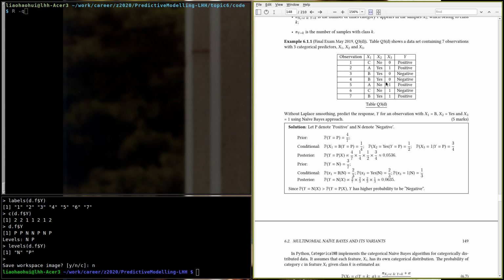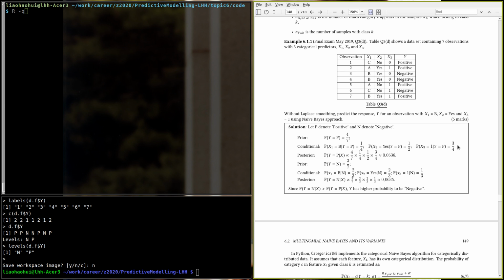This is basically just counting. For y equals p, there are 4 possibilities. Out of these 4 positives, we can count that there's only 1 b, so it's 1 over 4, and 2 yes for x2, so it's 2 over 4, which reduces to 1 over 2.